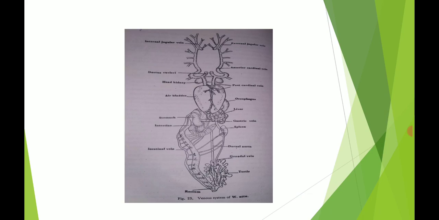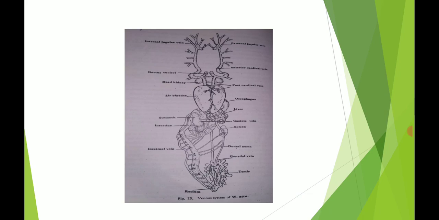Then the ductus Cuvieri are present, paired and broader compared to the jugular veins. The anterior cardinal veins are also present.